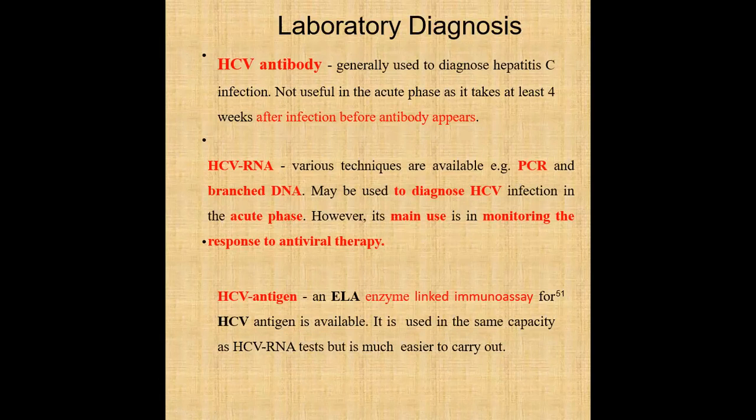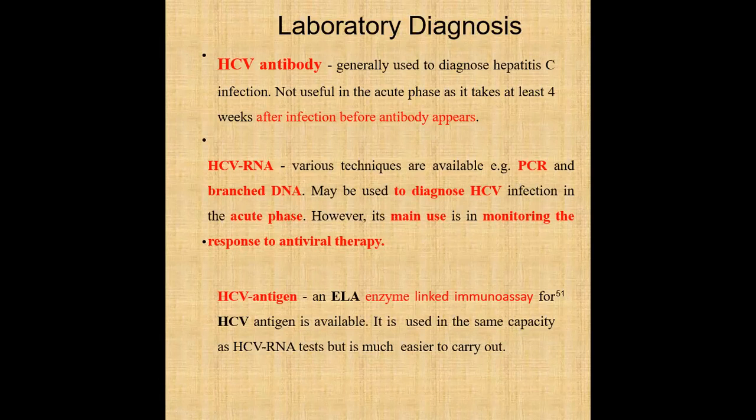But it requires about 4 weeks. It is not found immediately. This is a major drawback of this test. It is not useful in the acute phase, but it is useful in the chronic phase, because antibodies appear only after some time following infection.